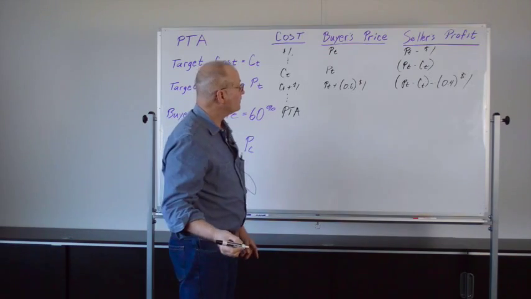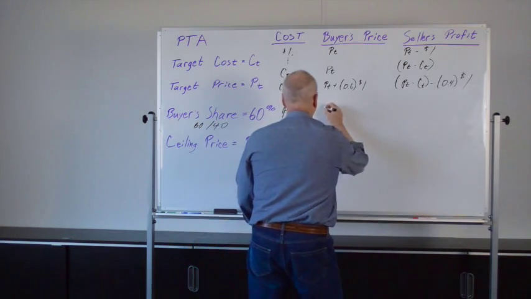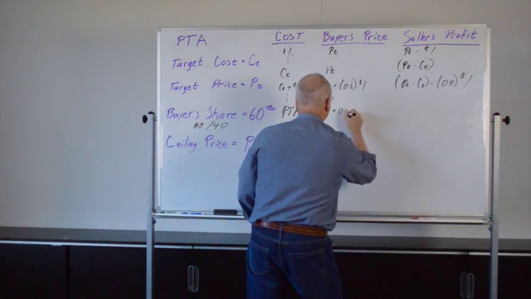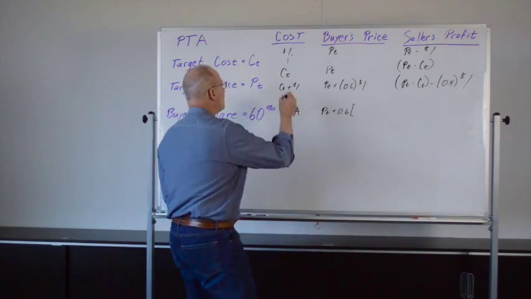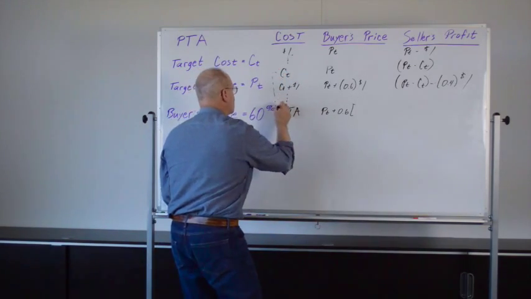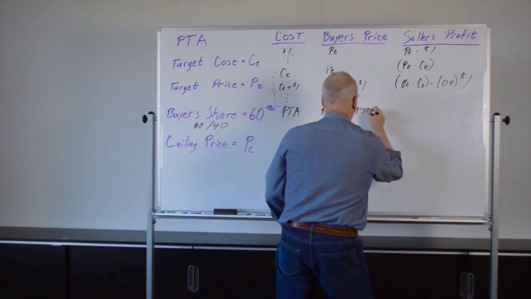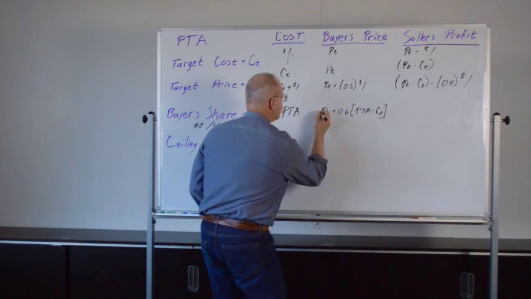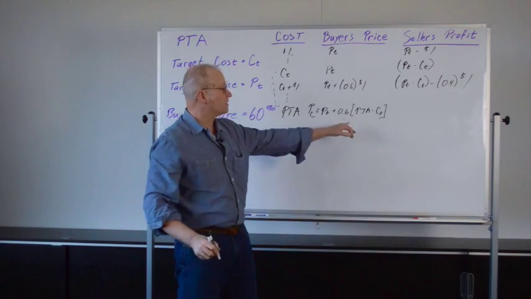And here, the buyer's price is going to be P sub T plus 60% of the cost overrun, which is all the way from the target cost to the PTA, so it's equal to PTA minus C sub T. And by definition, this is equal to P sub C, the ceiling price.